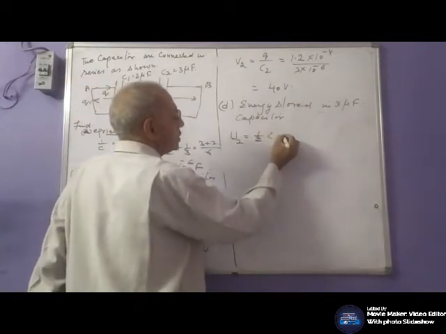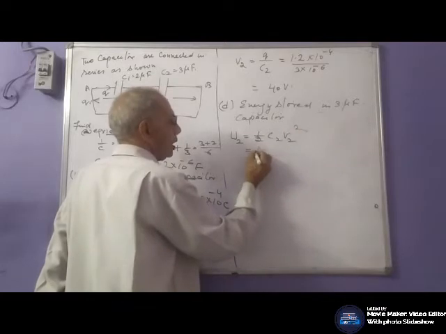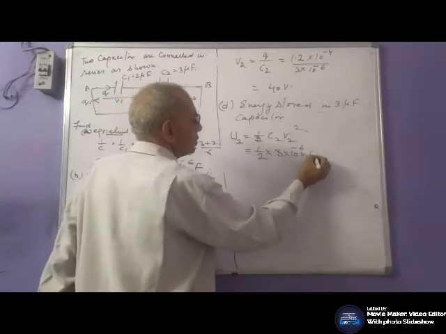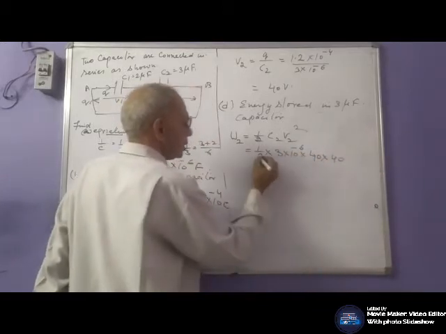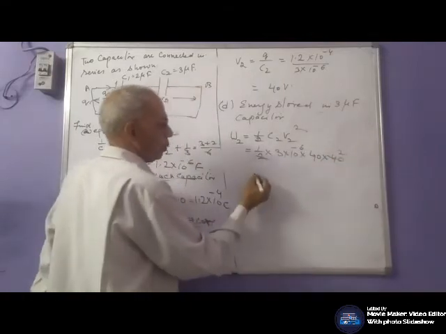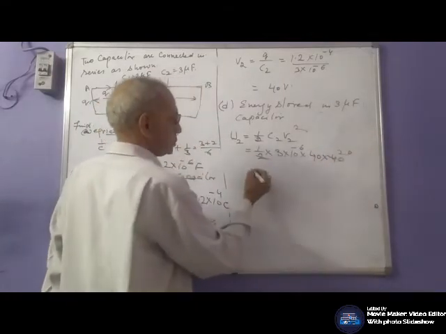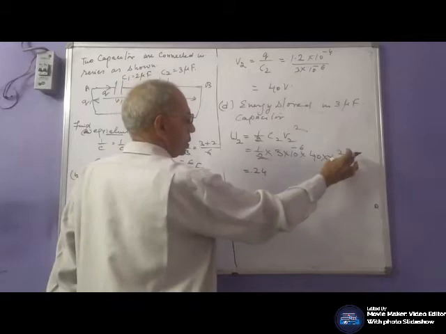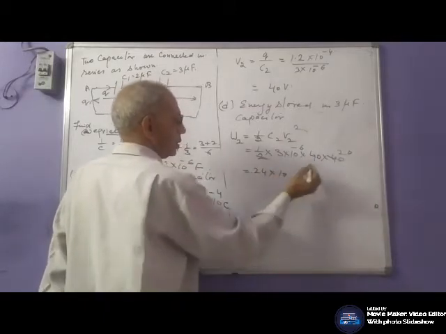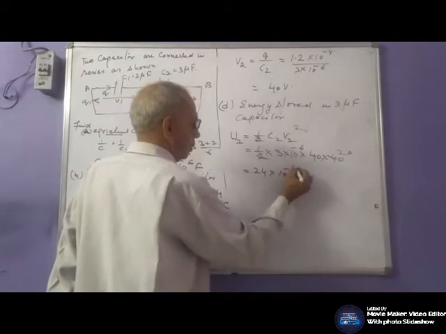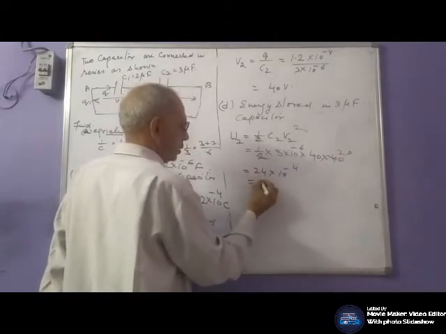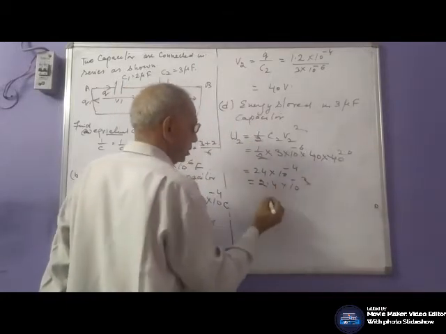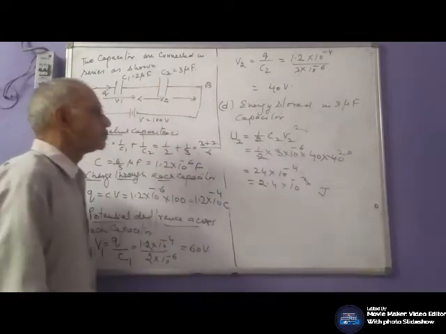Half C2 V2 squared. It is half times 3 micro times V2 squared, 40 squared. It comes to 2.4 times 10 to the minus 3 joules.